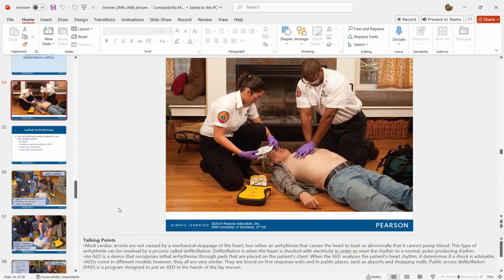This type of arrhythmia can be resolved by a process called defibrillation, when the heart is shocked with electrical activity in order to reset the rhythm to a normal pulse-producing rhythm. An AED is a device that recognizes lethal arrhythmias through the pads placed on the chest. When the AED analyzes the patient's heart rhythm, it determines if it's shockable or non-shockable.